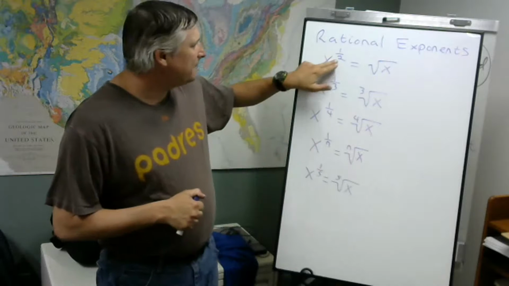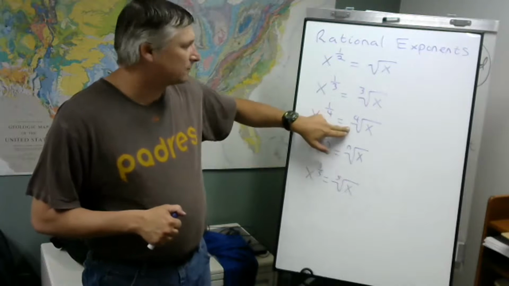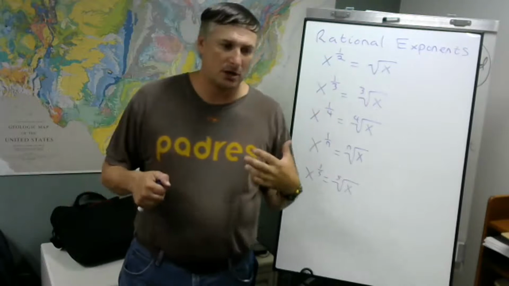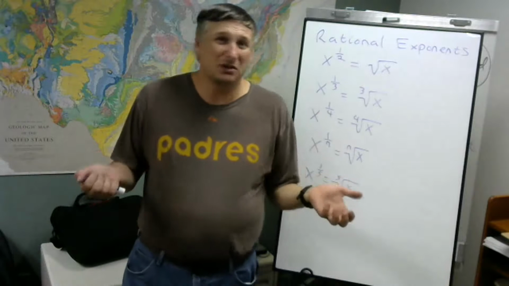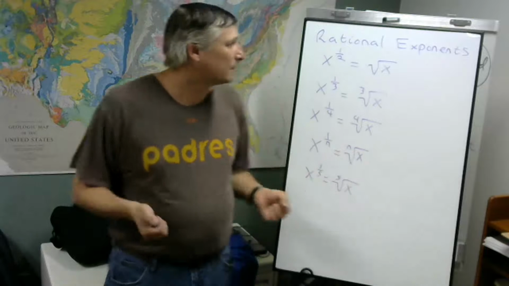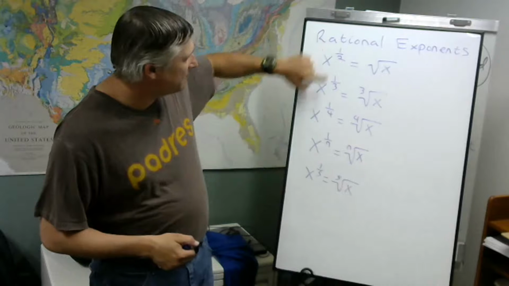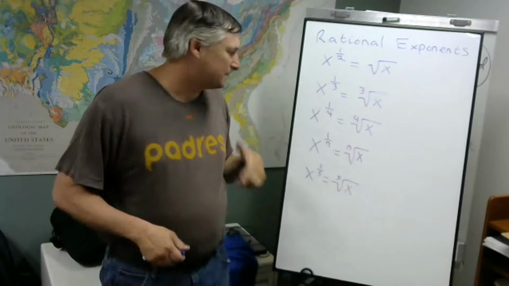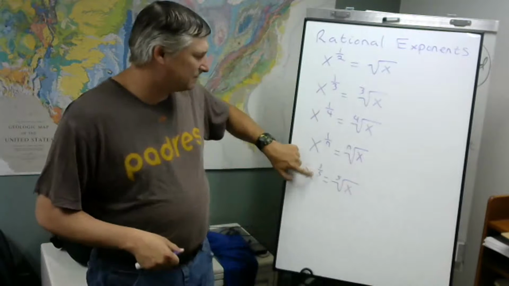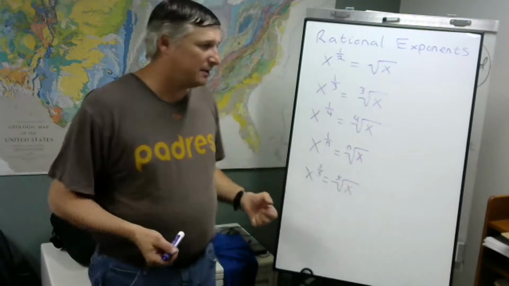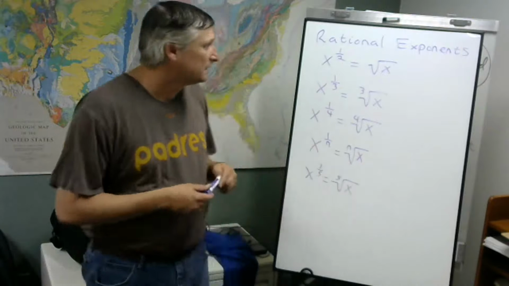If we have an even denominator, we're taking an even root. That means our root is going to be plus or minus. Also, we could get an imaginary number if we take the even root of a negative number. So you want to be careful with even denominators, especially if you got a negative number in there. With odd denominators, we don't have to worry about it. The sign attached to the x will be the sign of the root. Anyway.